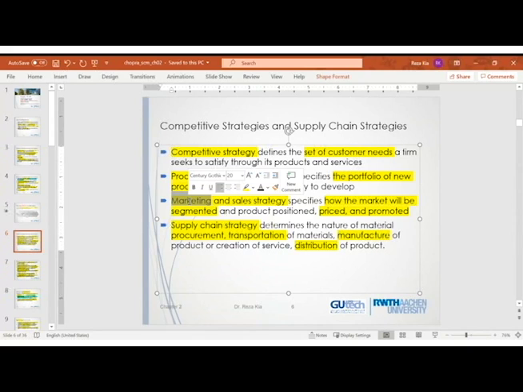For example, you can divide the market into different segments, and in different segments the price and the promotion strategy could be different. Students who study marketing in business courses will find this an interesting part, but honestly, in a supply chain course we are not going to spend so much time on marketing and selling strategy.